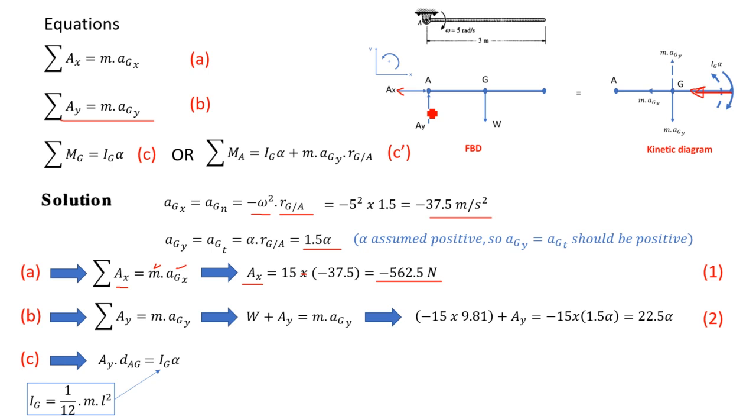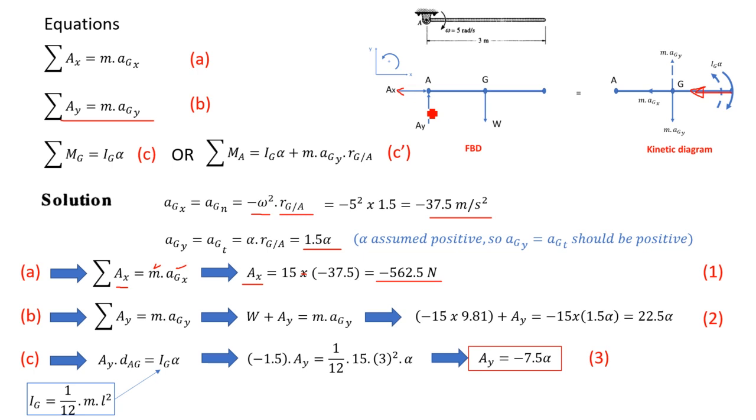Okay, and thus if I add this information in, I'll get this equation. Actually, once again, it's going to have the A_Y and the alpha is unknown. So anyway, I'm going to reach that stage, equation number 3. It will tell me that negative 7.5 alpha is equal to 22.